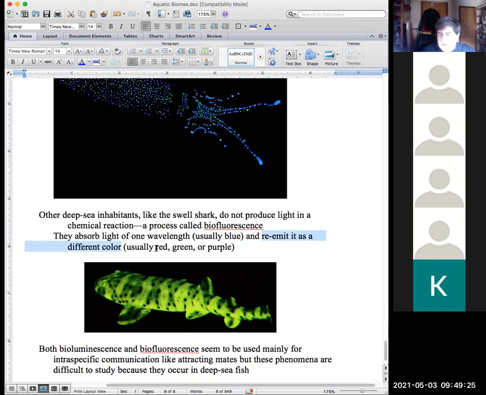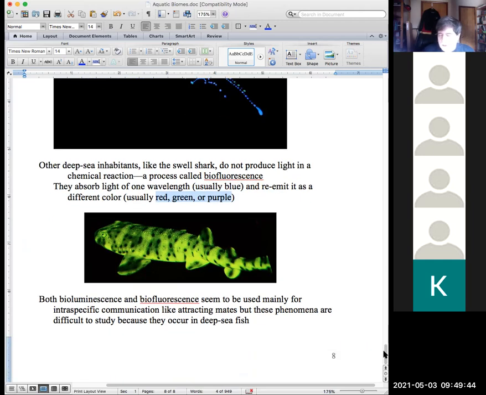So animals that do this are usually red or green or purple. So this is a swell shark. Swell sharks happen to be kind of green. And this is called biofluorescence. They fluoresce. There are some minerals that fluoresce when you shine light on them of the right wavelength. They will glow a certain color.